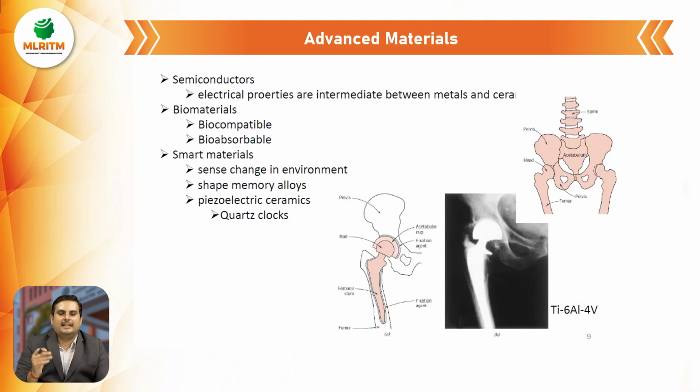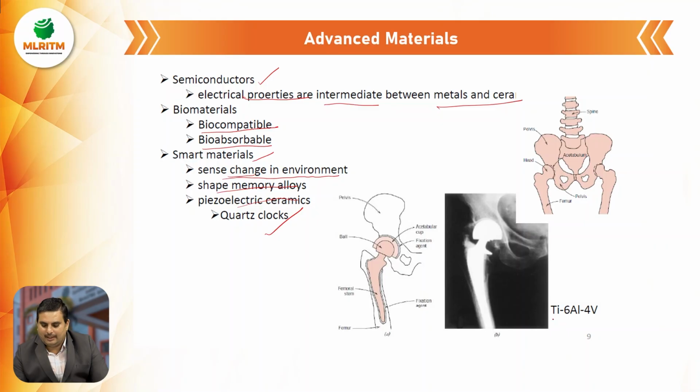Then there are advanced materials, such as semiconductors, whose electrical properties are intermediate between metals and ceramics. Biomaterials are biocompatible and bioabsorbable. Smart materials sense changes in the environment, such as shape memory alloys and piezoelectric ceramics like quartz.